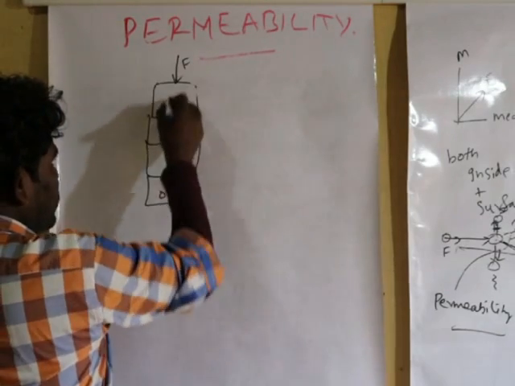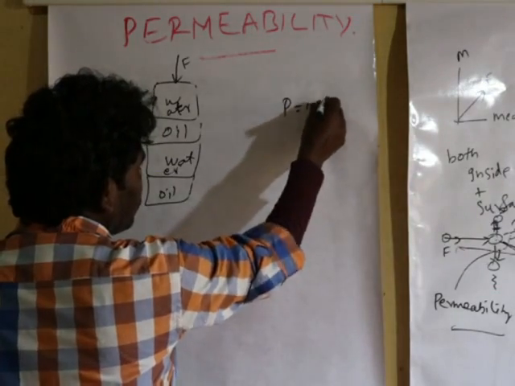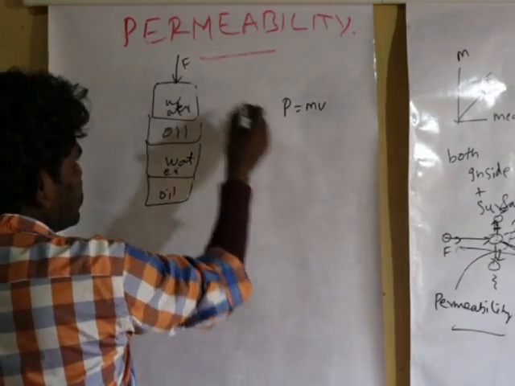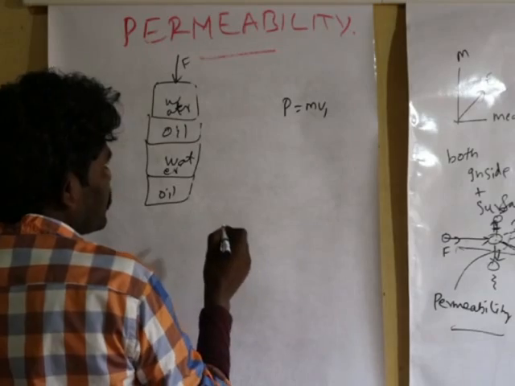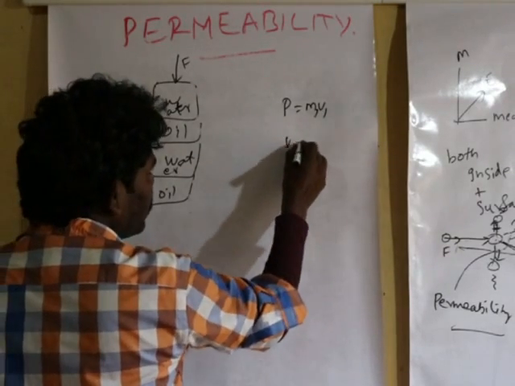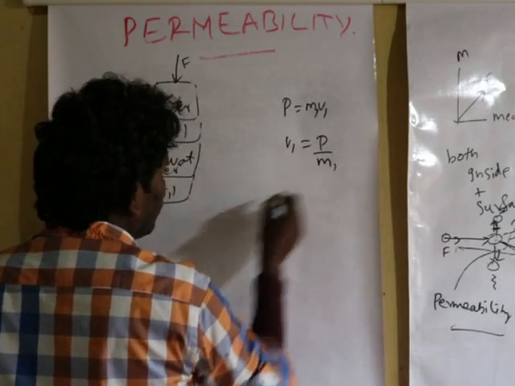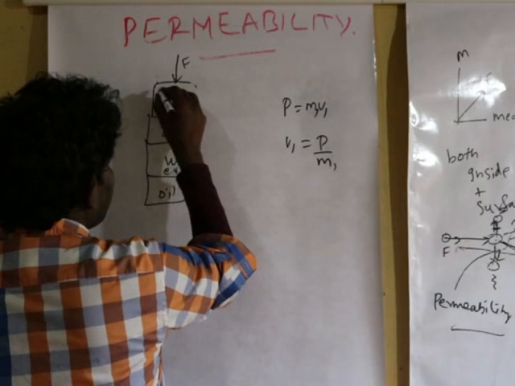For example, I am giving the water here, and you know the momentum principle: P equals m into v, and for example here the velocity is v1. So this mass is m1, so v1 equals P by m1.